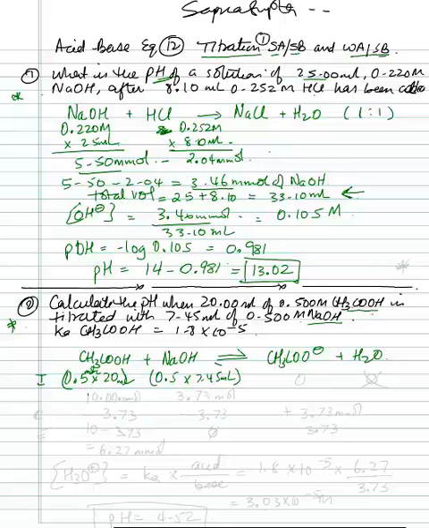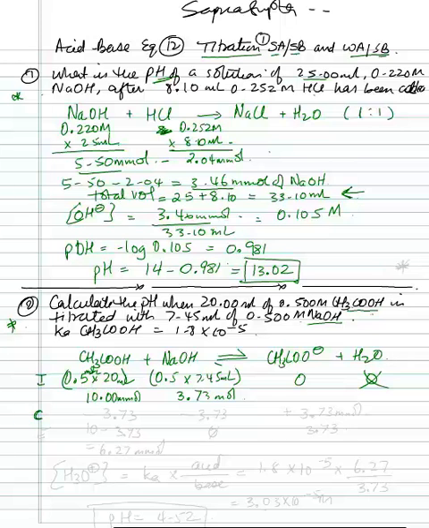This is going to be 10.00 millimole, and this is going to be 3.73 millimole. When you do the calculation, initially there are no products, and of course we don't care about water, so the acetate ion is 0. So the change is, again, you have to subtract the smaller amount that we have in there.